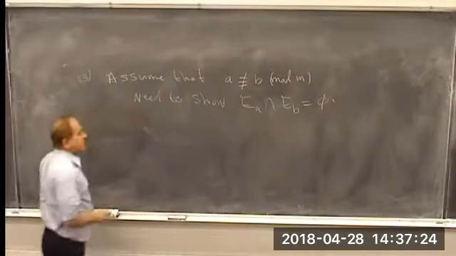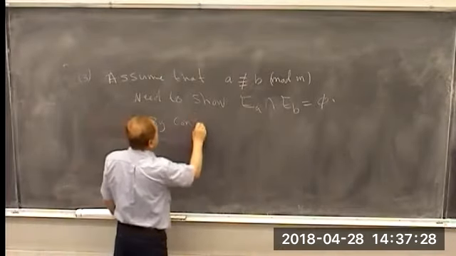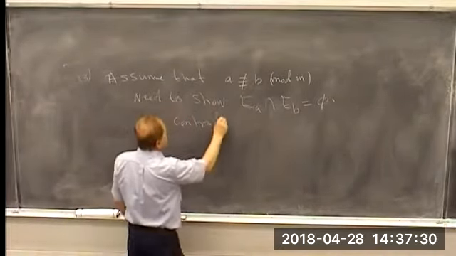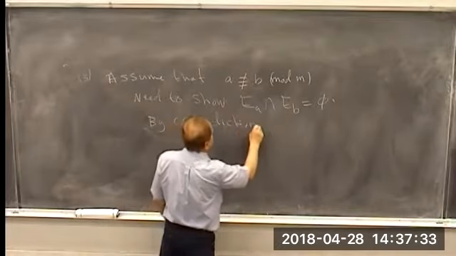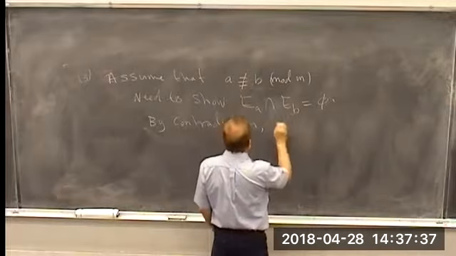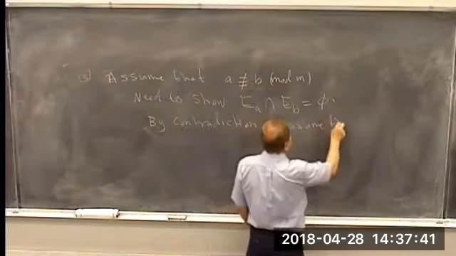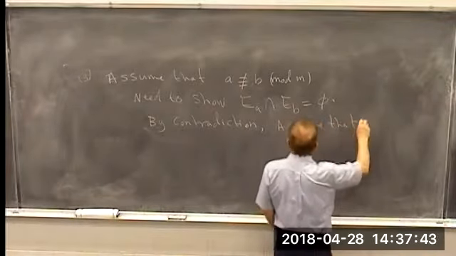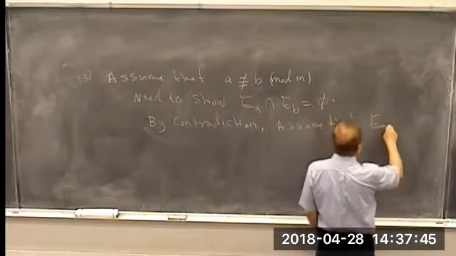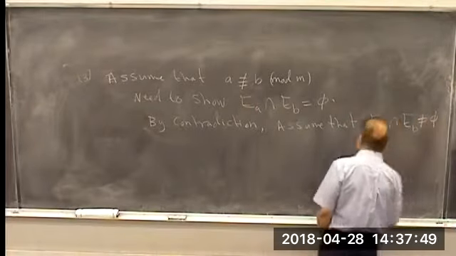Let's assume by contradiction they have something in common, that E sub A intersection E sub B does not equal the empty set.